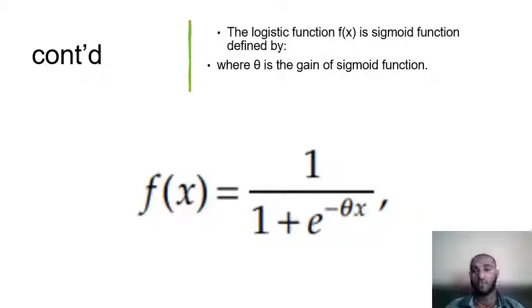There is also a logistic function, f of x. We can also call it the sigmoid function sometimes; the sigmoid function actually is theta. Then the logistic function is going to be 1 over 1 plus e to the power of minus theta times x.